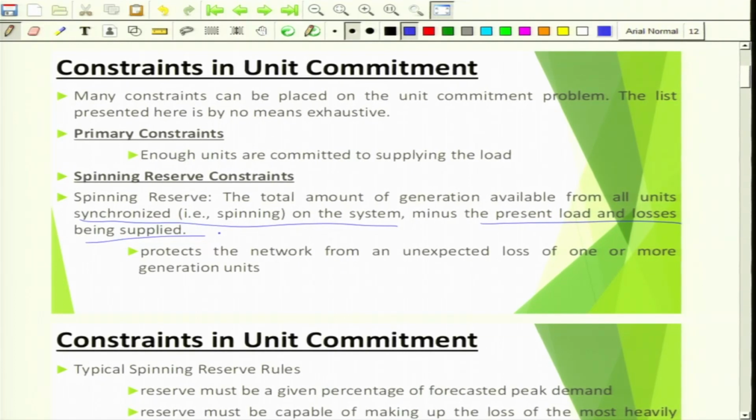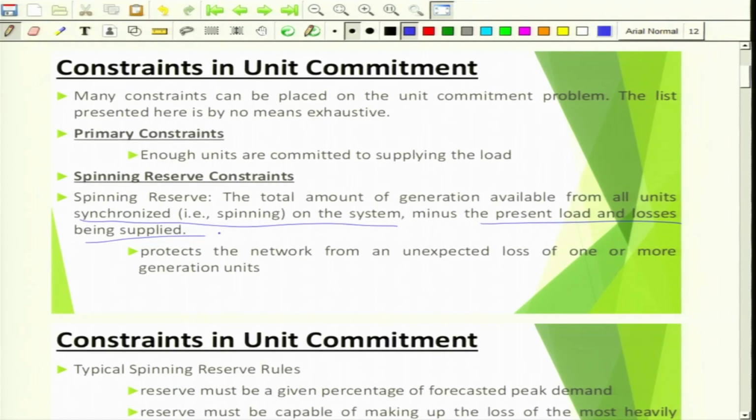That means there are some n number of generators required to meet the load demand plus losses. Above these n generators, how many generators are available in the system such that they can meet the expectation of the system in case of a failure of any one of the generators? What is the total reserve available in your system to meet emergency conditions, to meet sudden changes in the system parameters?